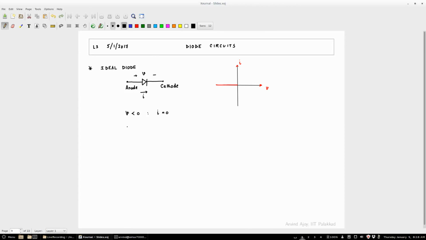And then what about the other situation? This is an ideal diode. Okay? There are many technologies to realize a diode. Semiconductor technology is one way of making it. Before semiconductor technology became popular, which was before you were born, the semiconductor technology became popular towards the end of the World War.